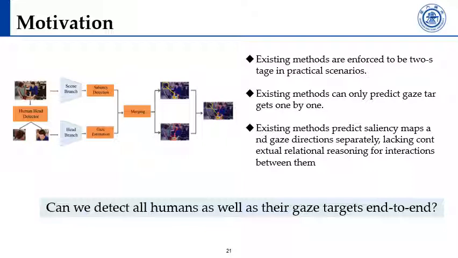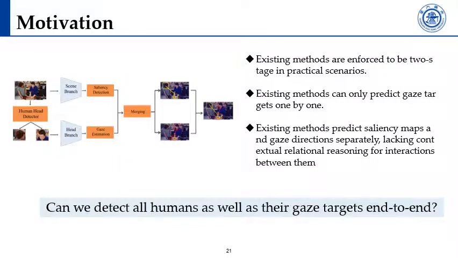Besides, existing methods predict heat maps and gaze directions separately, so they lack relational reasoning for interactions between them. So we have a question: can we detect all humans as well as their gaze targets end-to-end?